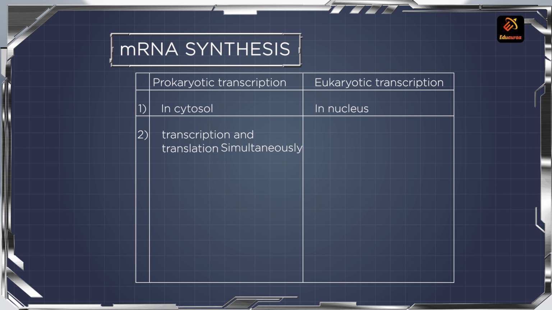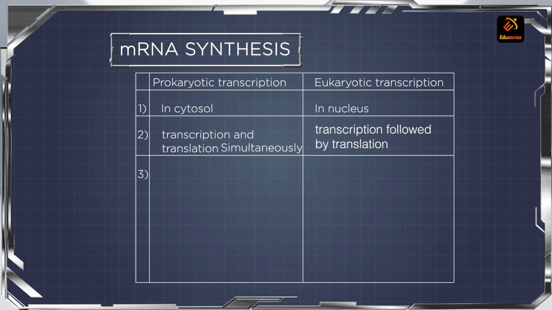Whereas in a eukaryotic cell, translation is always preceded by transcription. That means once the transcription is completed, only then can the translation be carried out, not before that. So in the eukaryotic cell, it is stepwise: first there will be transcription and then there will be translation. Agreed?